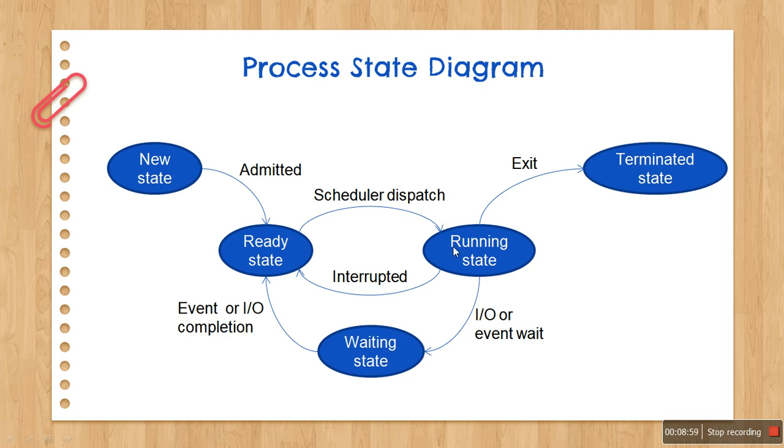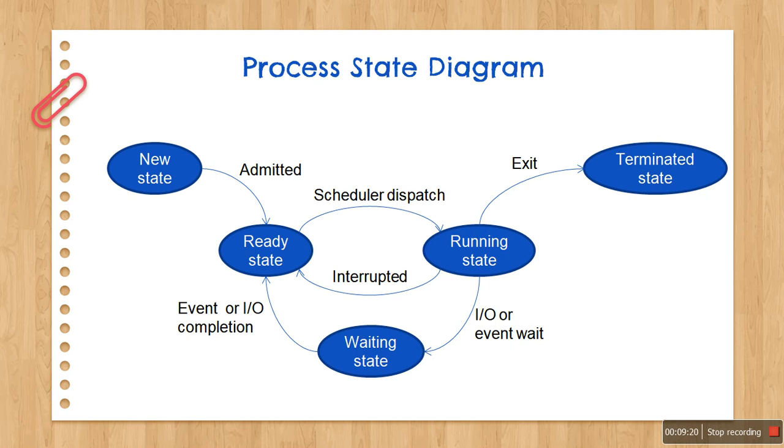It will execute. Now this time if it executes properly, it will exit and reach the terminated state. So terminated state is the one where the process completes its operations and releases all its resources.